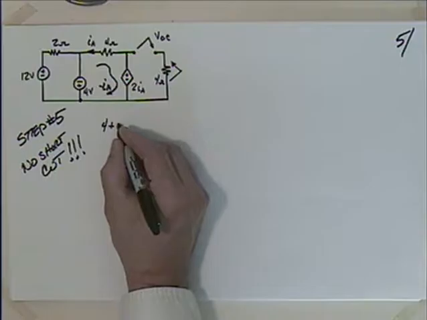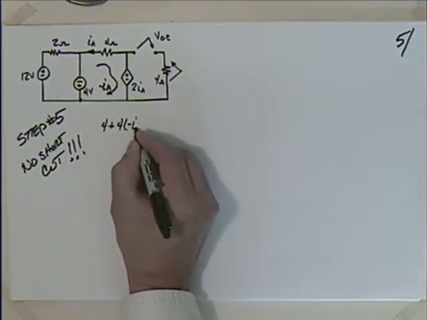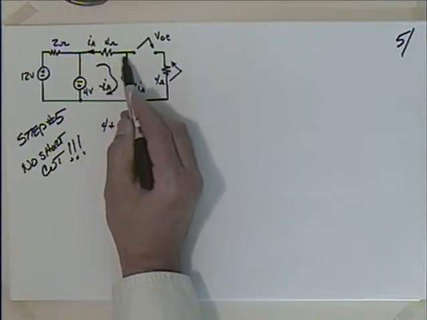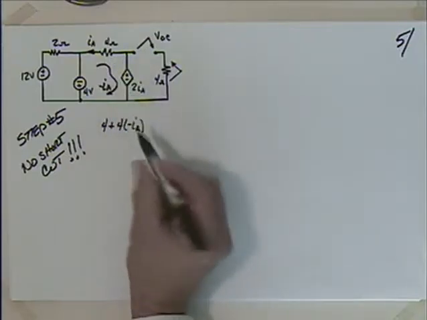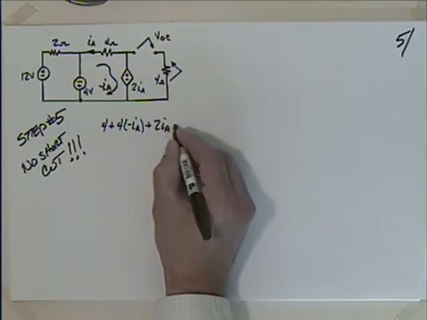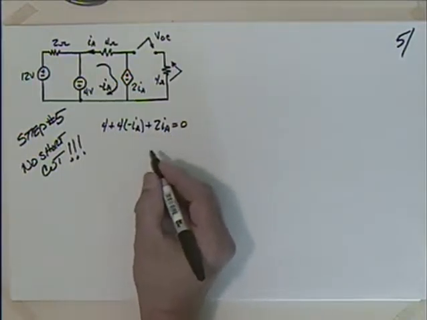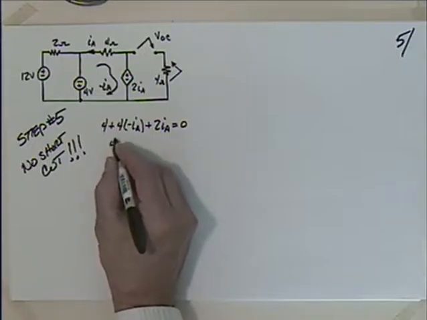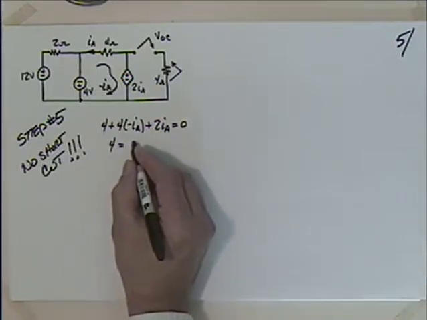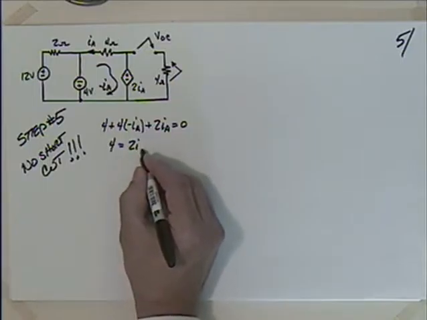And then another drop of 4 times minus IA. Just again going around here. And now I have a drop, so positive 2IA is equal to 0. Kirchhoff says that's equal to 0. So again, I've got 4 minus 2IA, so is equal to 2IA on the other side.